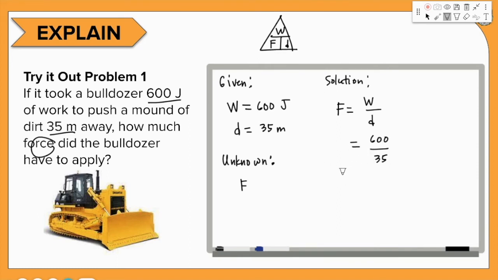So force is now equal to 17.14 newtons of force. So I just rounded off again to 2 decimal places, right? Because in my calculator, there's a lot of digits still after 4. All right? So this is the solution to the try it out problem number 1.